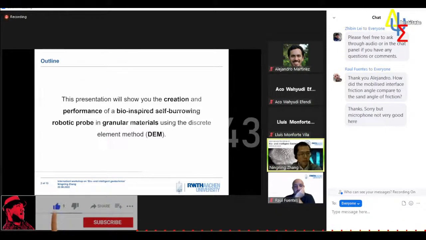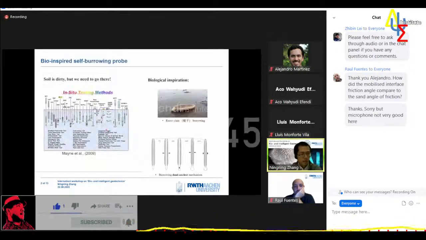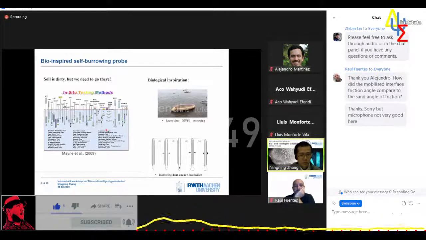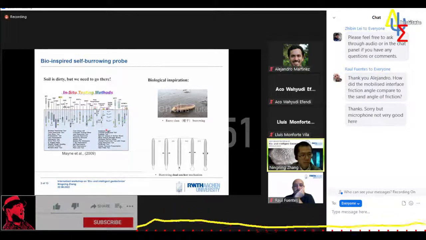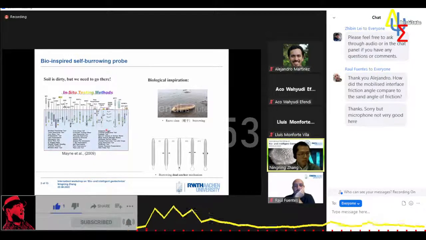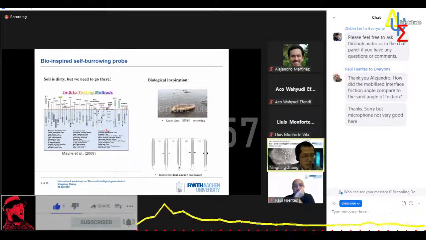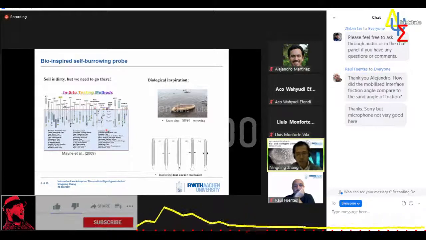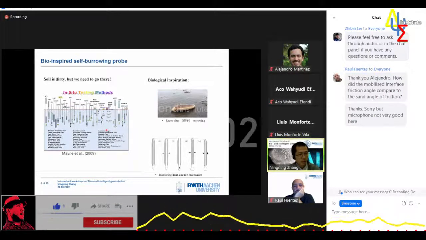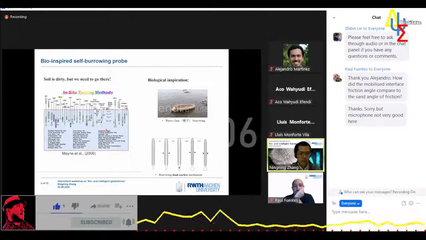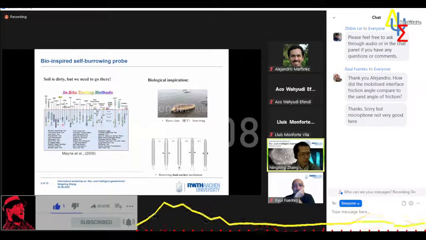As geotechnical engineers, we have to go into the soil, even if it's very dirty. We have no choice. And clearly our ancestors were clever enough to invent diverse apparatus to go under the ground. Take the example of in-situ testing methods.